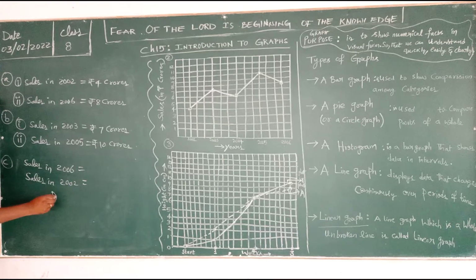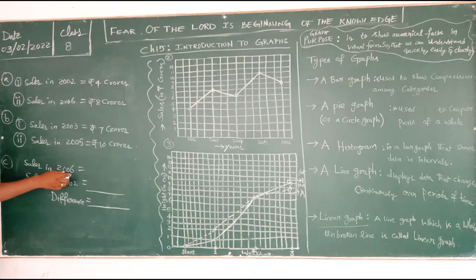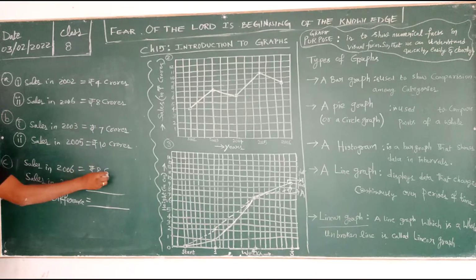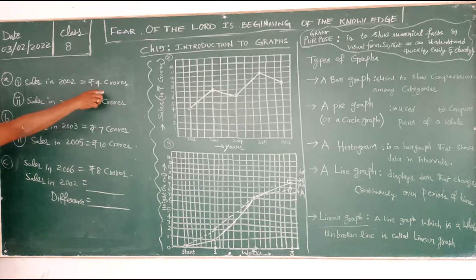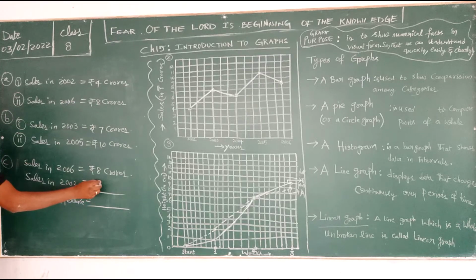Now we need to find the difference. Let's check carefully, everyone. Sales in 2006, how much? 8 crores. So rupees 8 crores. And sales in 2002, rupees 4 crores. So write rupees 4 crores.